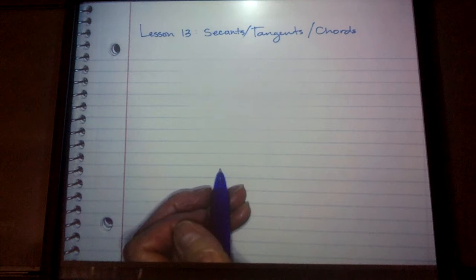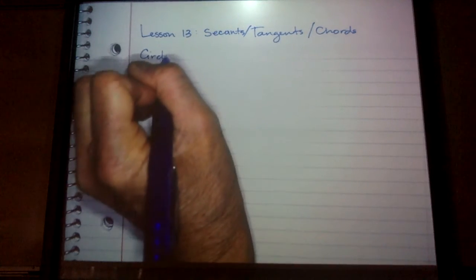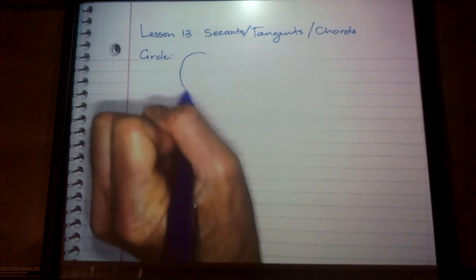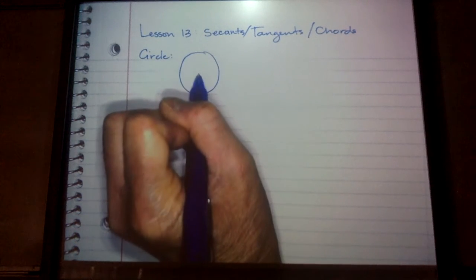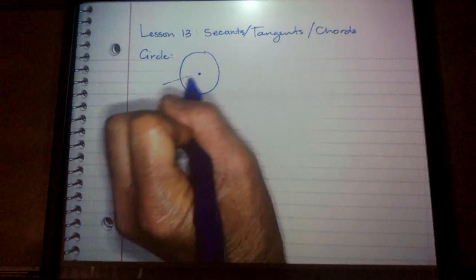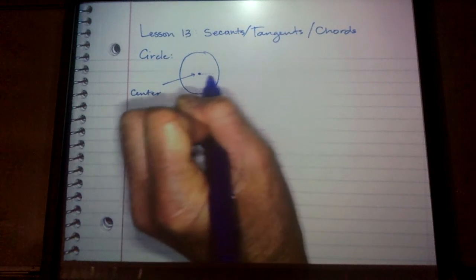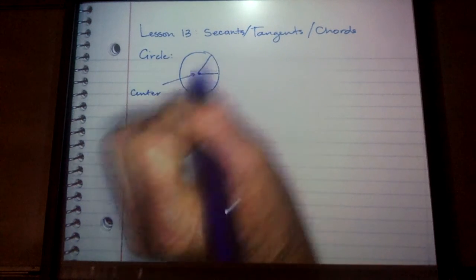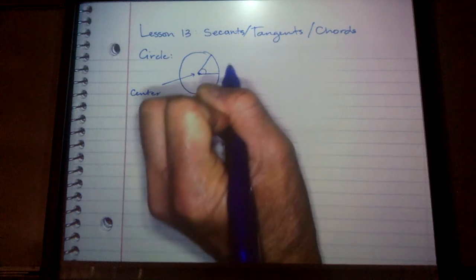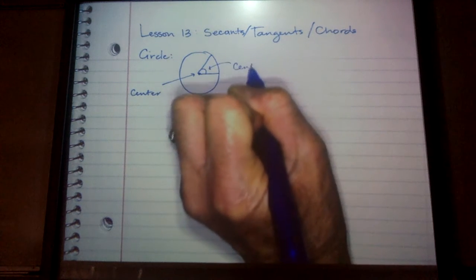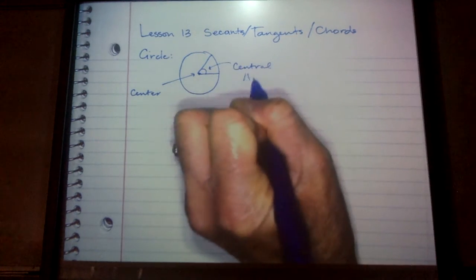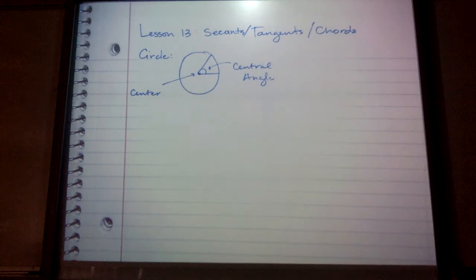I'm going to go over a couple of really important things about a circle. If I have a circle, and that is my center, then an angle that is formed using the center is called the central angle. And that should pretty much make sense, right?